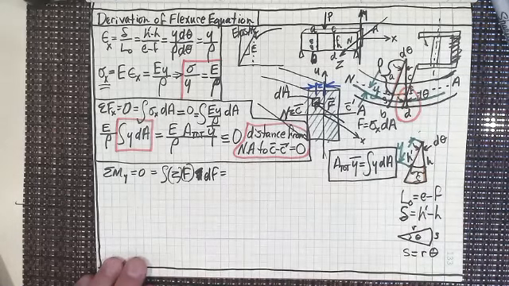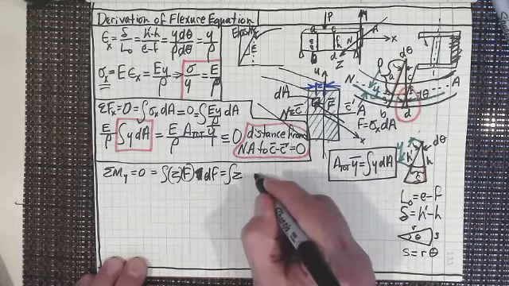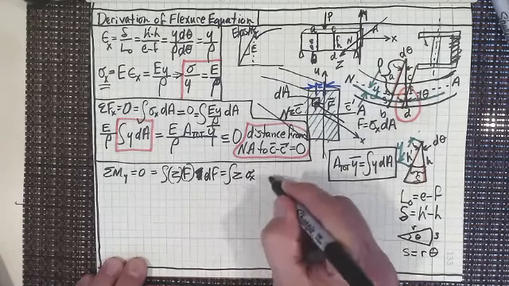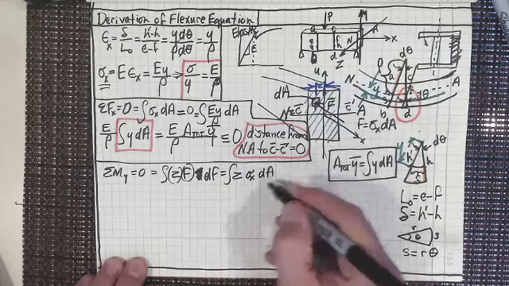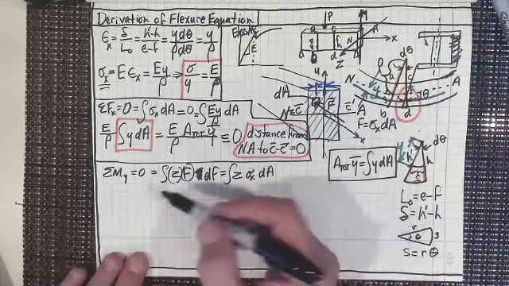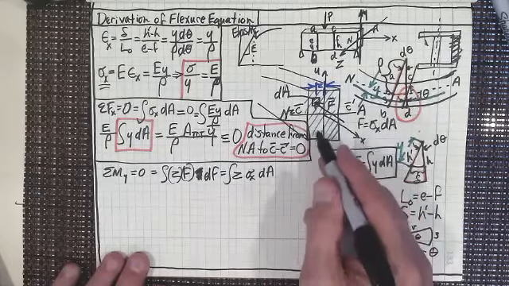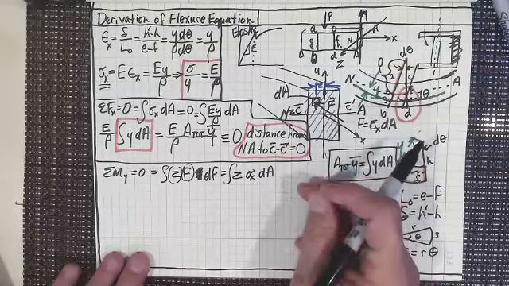F is really sigma sub x times dA, right? So my real integral that I have here is z times sigma sub x dA. And I'm integrating over A anyway. We have A, so we can do that, and we've got sigma sub x, right?